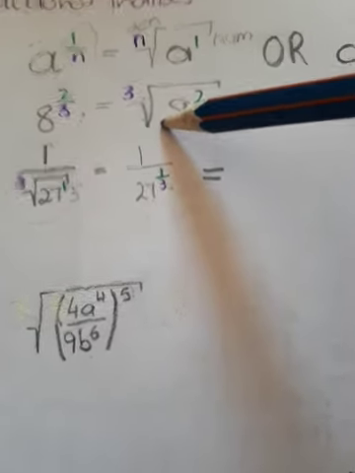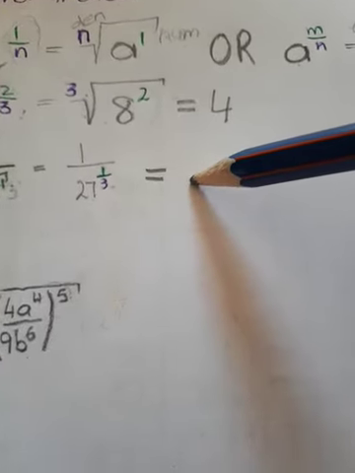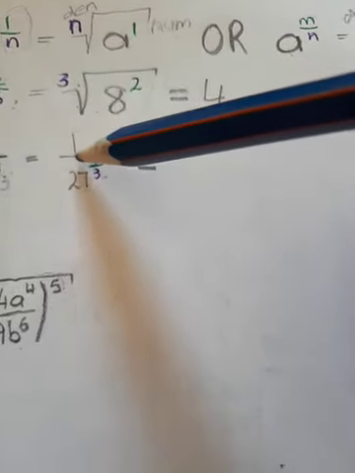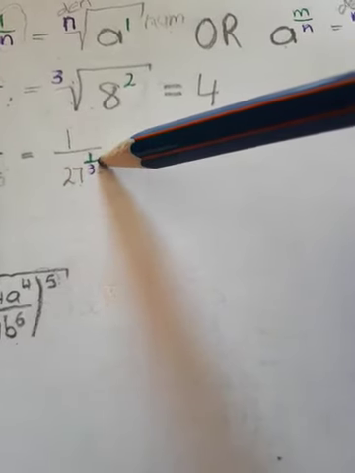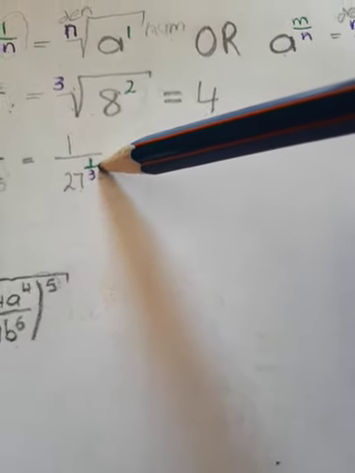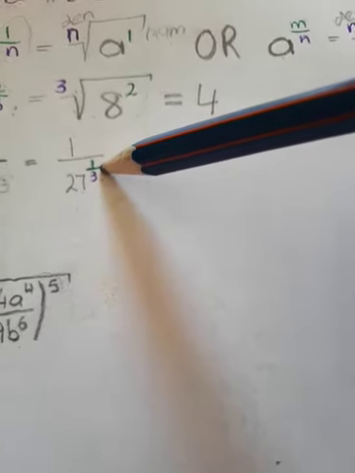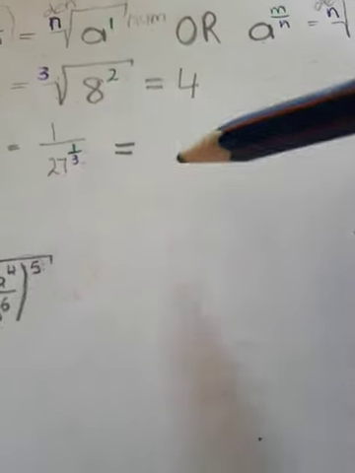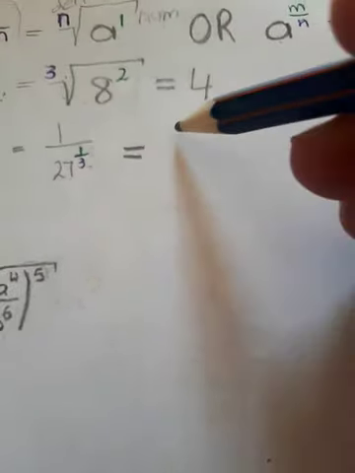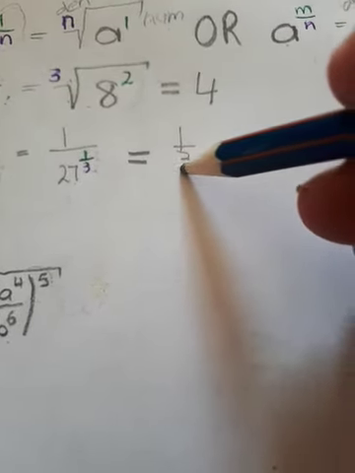Those are equal. And again, you can press that into your calculator, pressing 1, fraction sign, 27 to the power of the key that gives you the ability to press any power or index, and then make that a 1/3 root. And in this case, if you press that, it will give you an answer of 1/3.